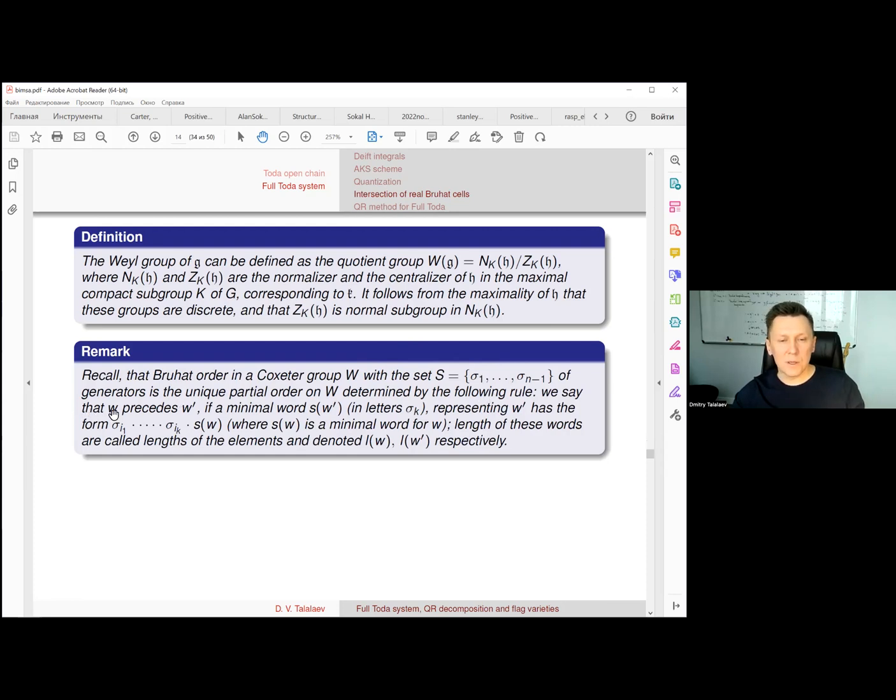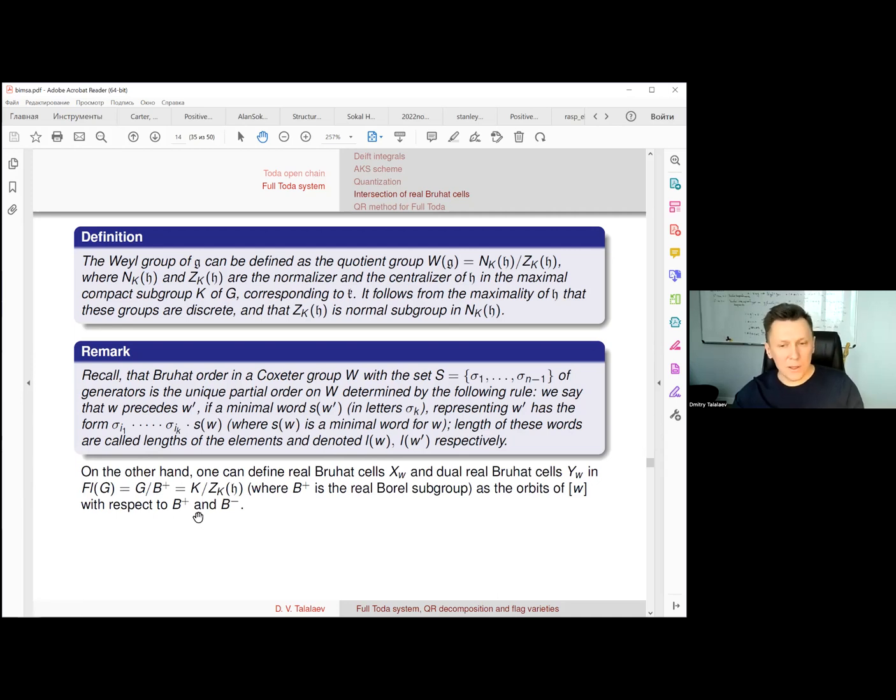We say that W precedes W prime if a minimal word of W prime in the chosen alphabet has the form like this, so the end of this word is just a minimal word of an element W. Lengths of these words are called lengths of elements and are denoted by these letters.